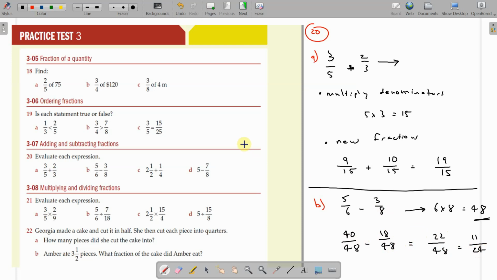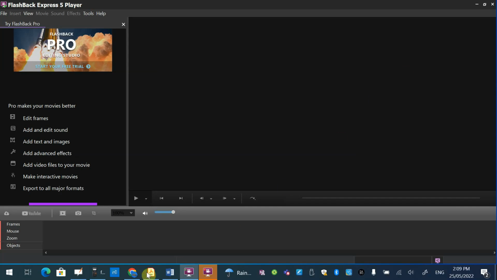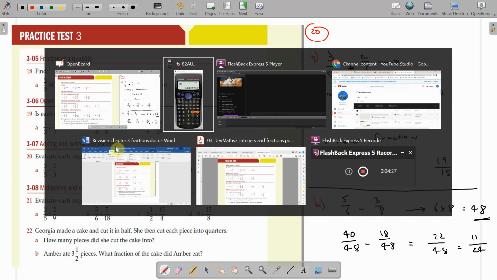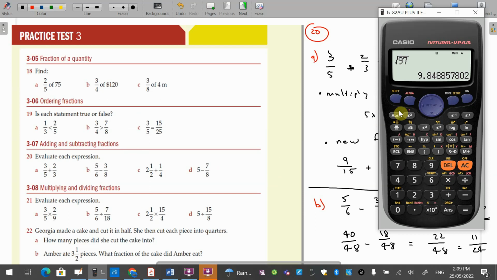Yep. I'm going to just check that to see if I haven't stuffed up. We're not allowed to use a calculator for this part of the test. I'm just doing this to check. 3/5 minus 2/3.